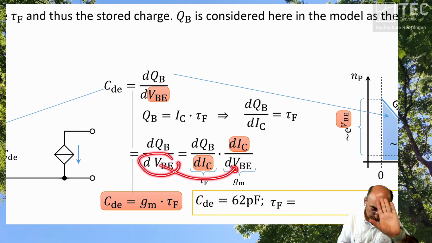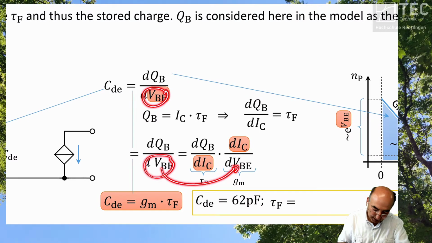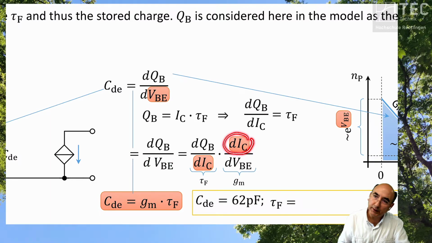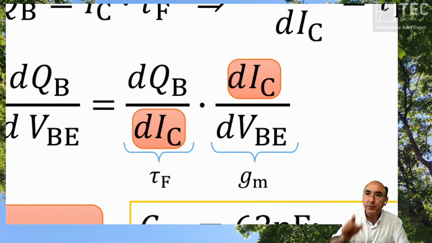I apologize. I have taken this part, so this part to here. I just separated them and added change in the collector current in the numerator and change in the collector current in the denominator. So what happens if you X them out? You have the same equation as before. So mathematically, you can do this.